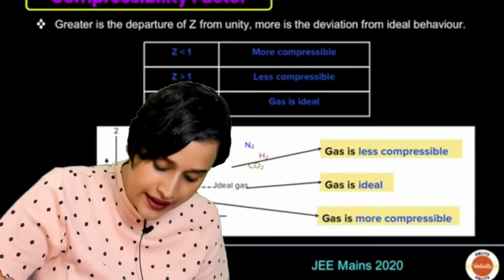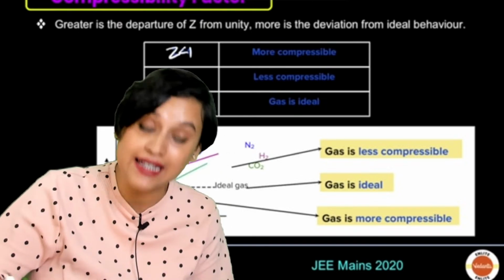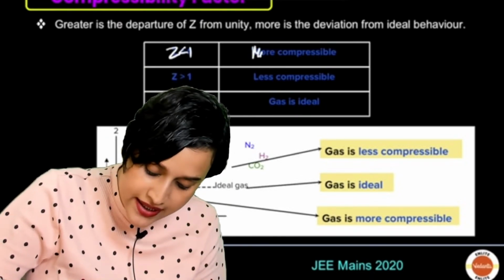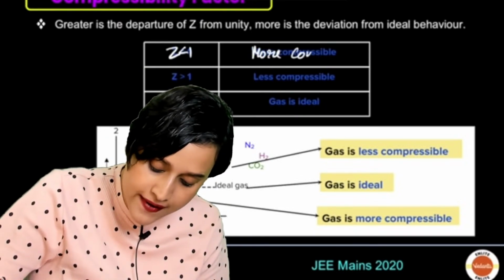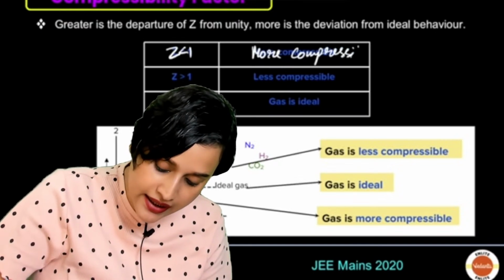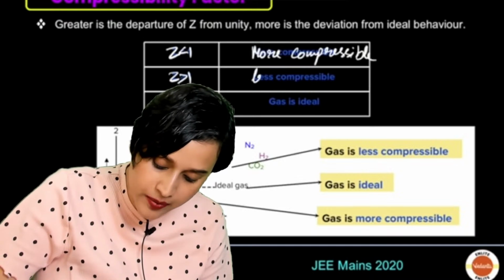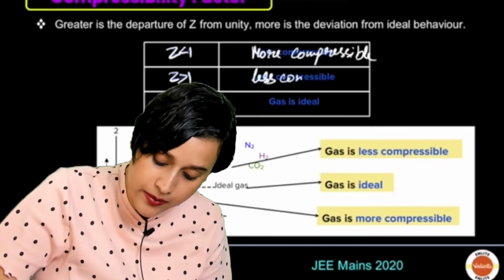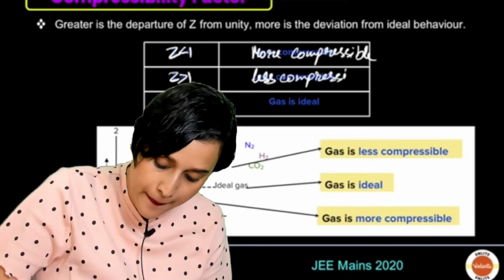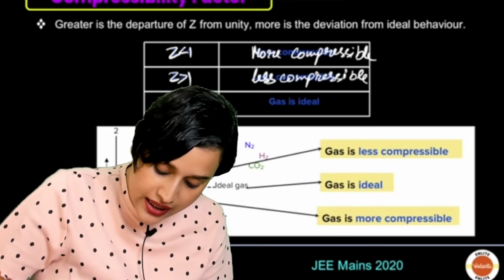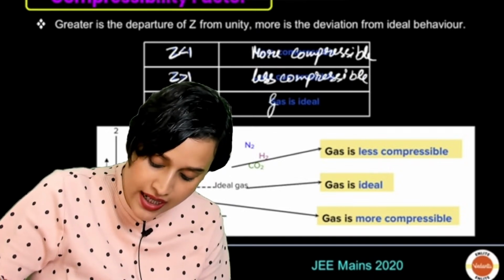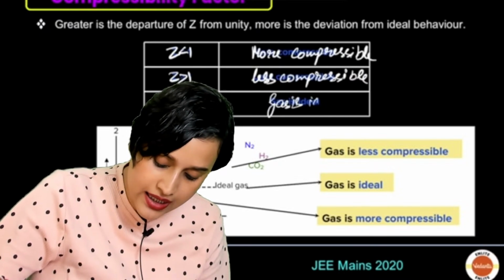Now here it is written that if Z is lesser than 1, that means that the gas is more compressible. If Z is greater than 1, that means that the gas is less compressible. And if Z is equal to 1, that means that the gas is ideal.